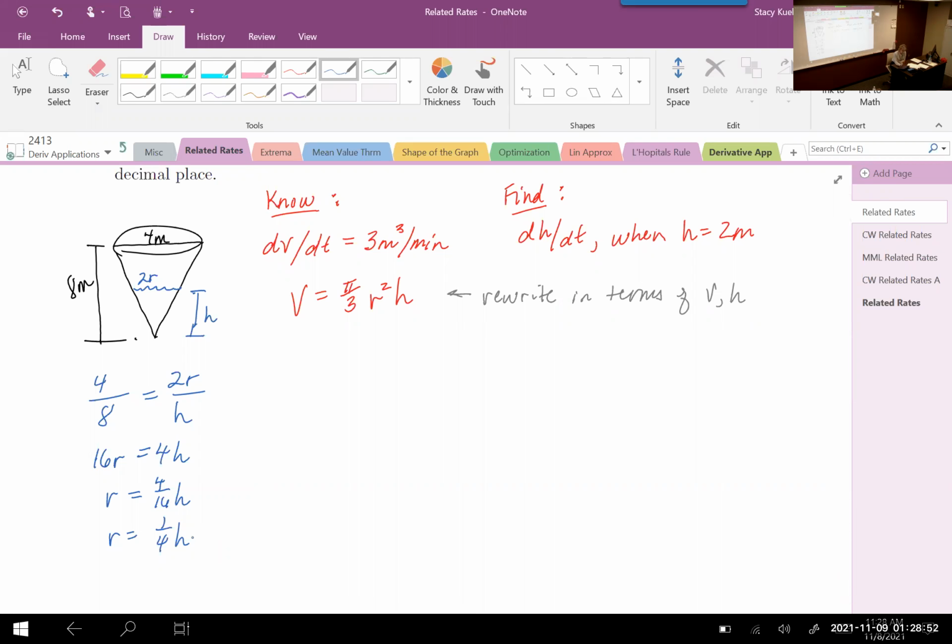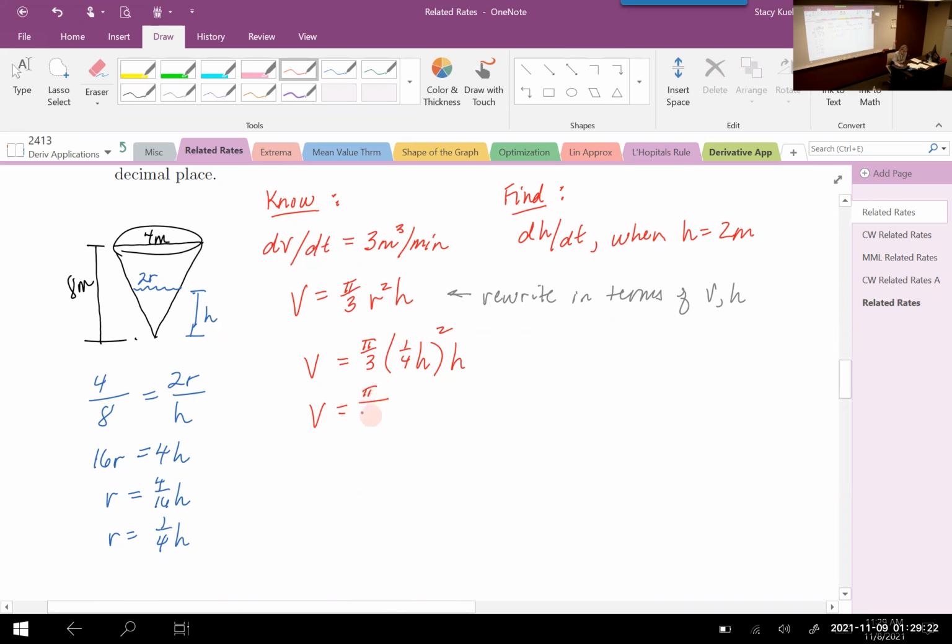Okay. So now I'm going to come back over here and take this equation for volume and rewrite it, which I would have pi over 3 times (1/4 h) squared times h, because I'm replacing r with 1/4 h. And now I'm going to simplify it. So volume would be equal to, what would that be?